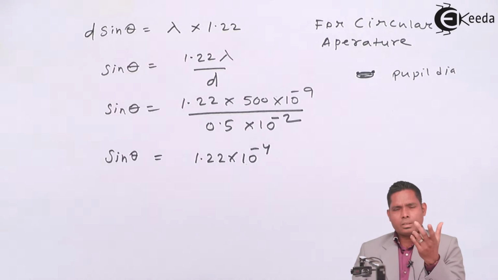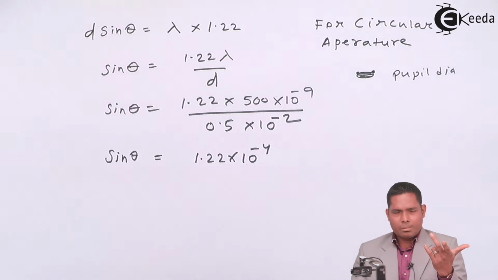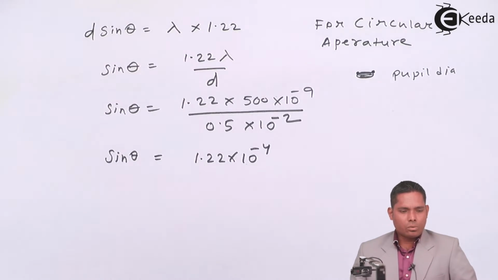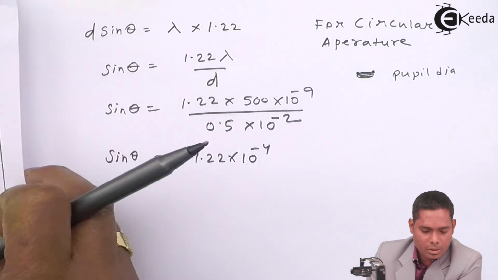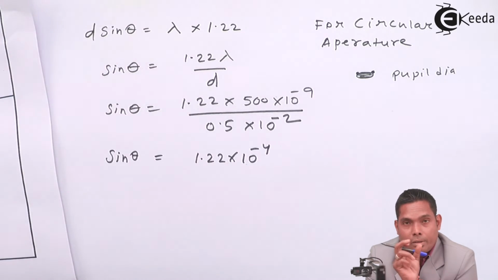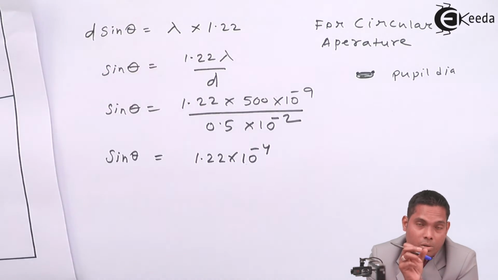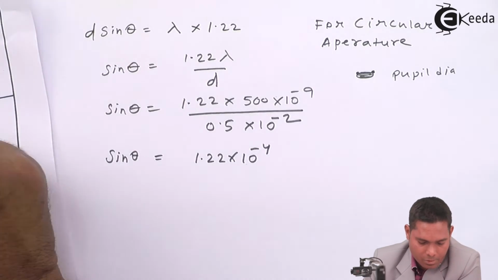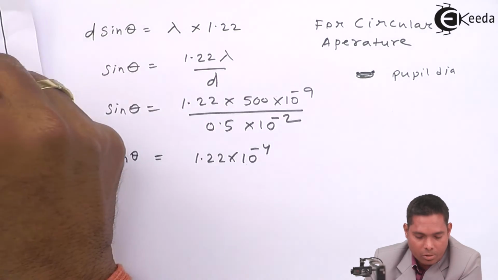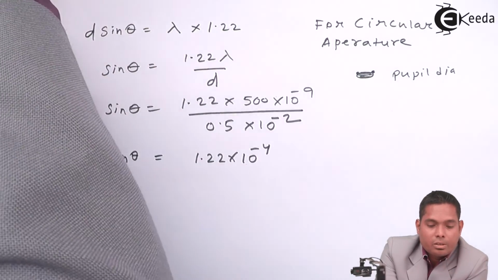If I change the wavelength, that will also change. First, what I explained about 500 nanometer as the limit of resolution is not so. It is the wavelength that is used to see the objects. So you have to find the angular separation, and then the linear separation in terms of linear distance.